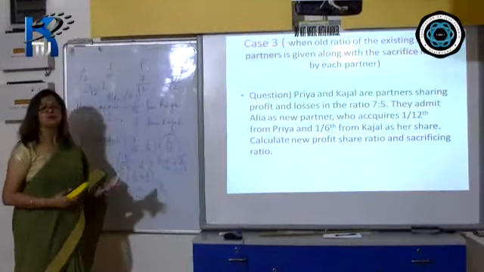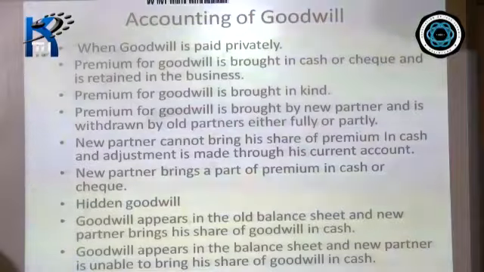So these are the various methods in which goodwill is brought by the new partner. First is when goodwill is paid privately. When something is paid outside the business, there is no journal entry. So whenever the question says that goodwill is paid privately by the new partner to the old partners, there won't be any journal entry. The second method says premium for goodwill is brought in cash or cheque and is retained in the business.